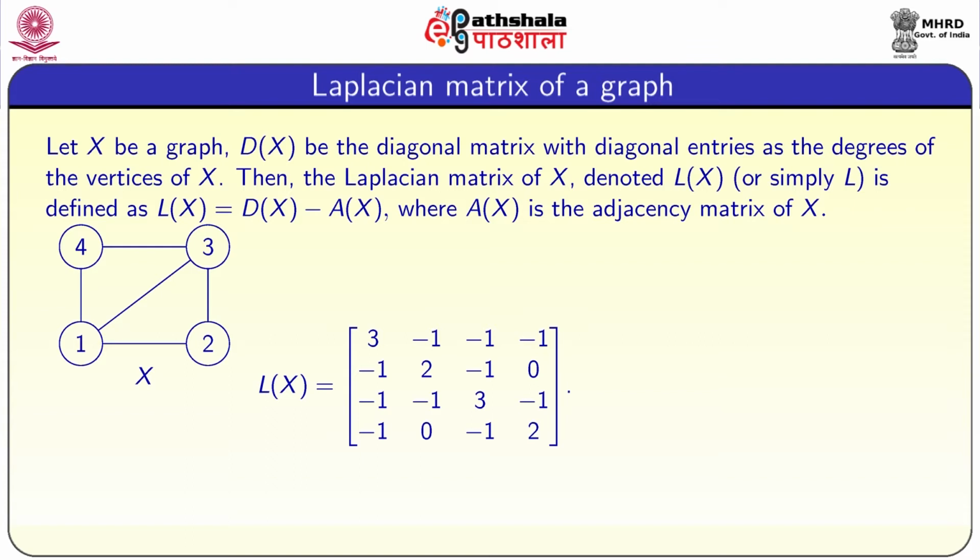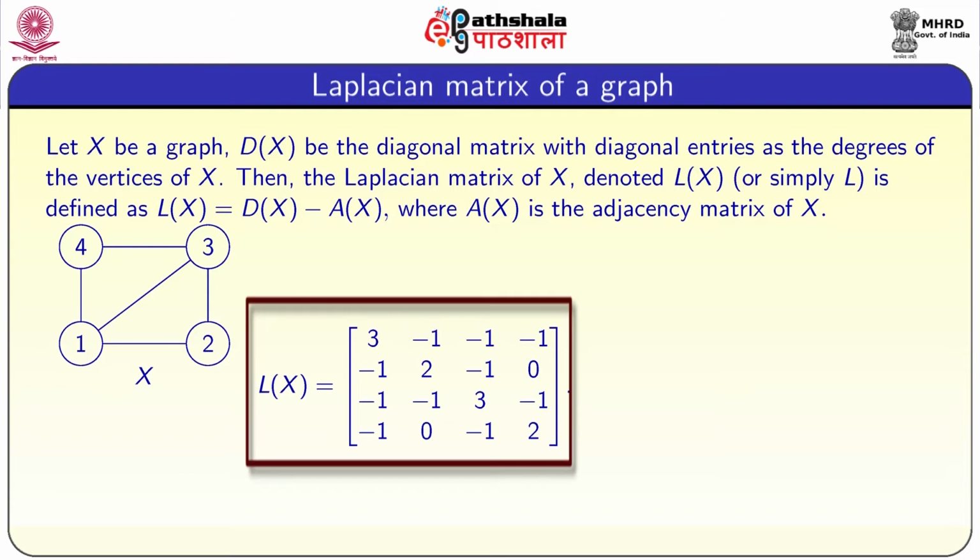So, 1 is adjacent to 2, 3 and 4. Consequently at those places we get minus 1s, and in the second row we have 2 in the diagonal element, and so we are going to have 2 minus 1s and 1 zero. Similarly, the degree of vertex 3 is 3. So, the diagonal entry is 3 and the remaining elements are minus 1s. Similarly for row 4.